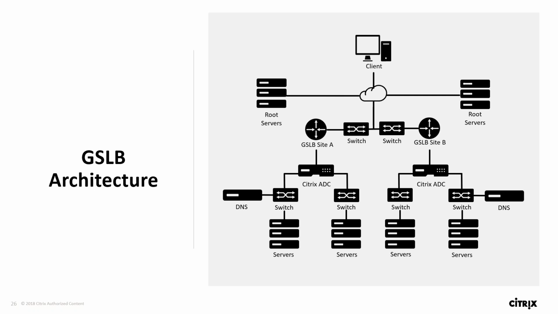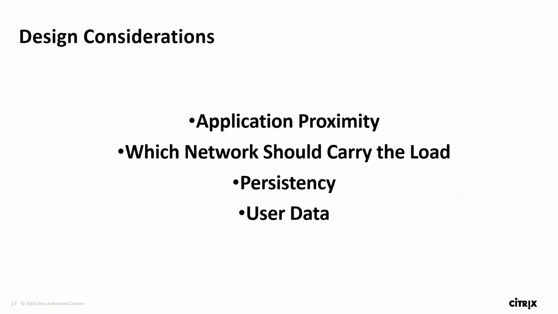The Citrix ADC system, based on its configuration, load balancing methods, and its monitoring, returns the IP address the client needs and has presented in their query for the service it's looking for, such as HTTP or HTTPS. Now, design considerations.